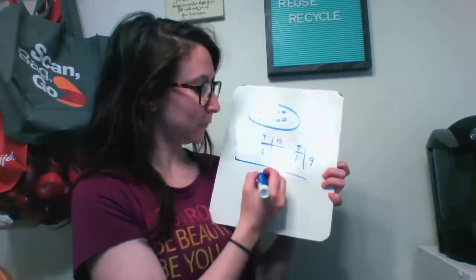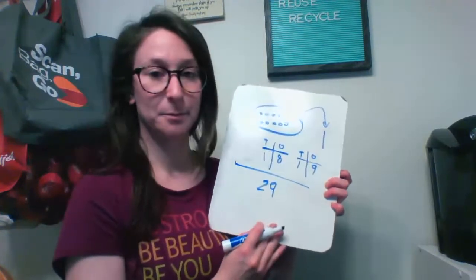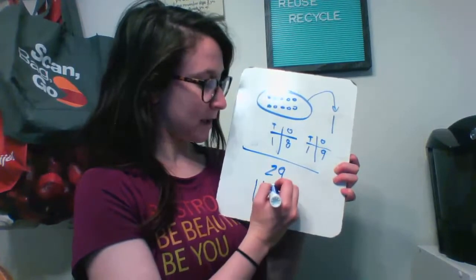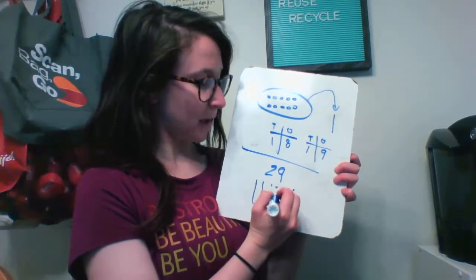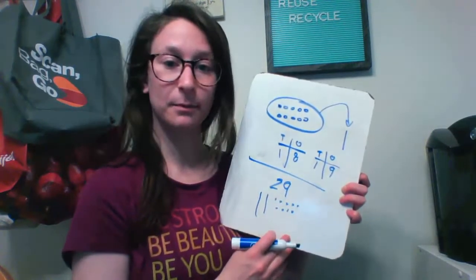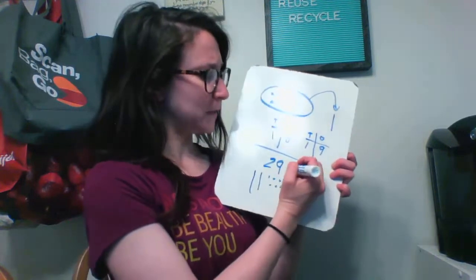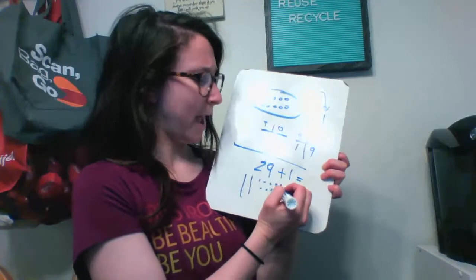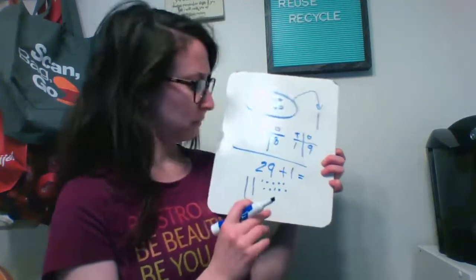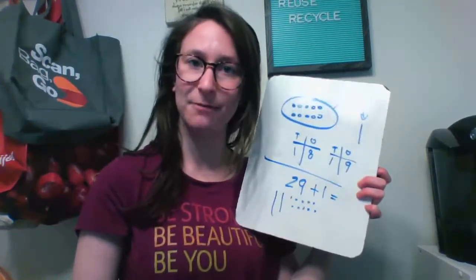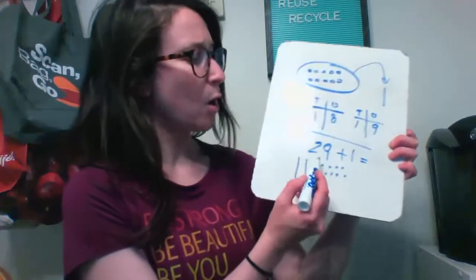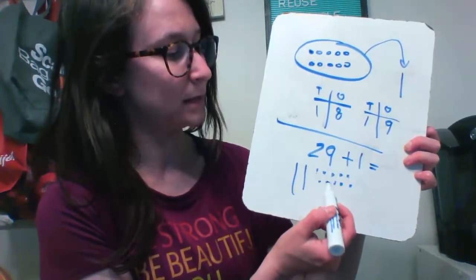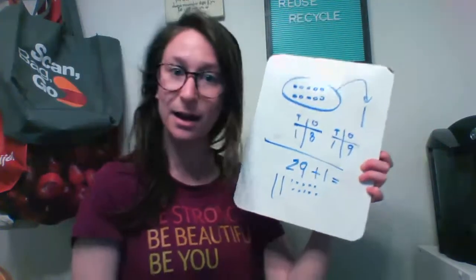So if we have the number 29, 29 is 2 tens and 9 ones. All right. Well, what if we said 29 plus 1? Well, we would add one more in our ones place. Oh, how many dots do we have now in our ones place? Let's count. 1, 2, 3, 4, 5, 6, 7, 8, 9, 10.